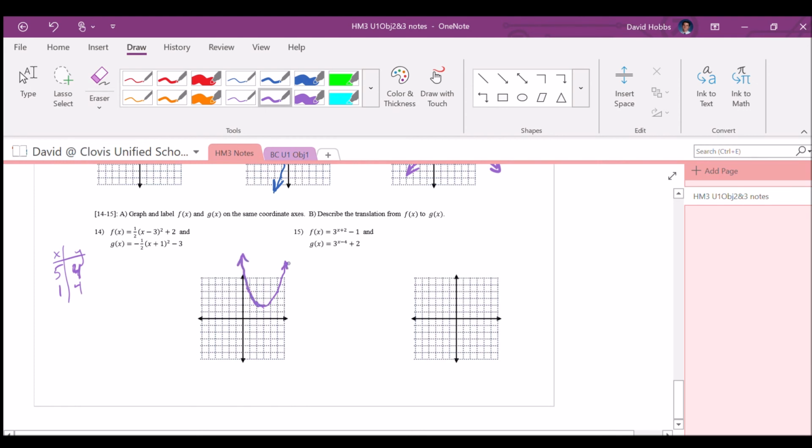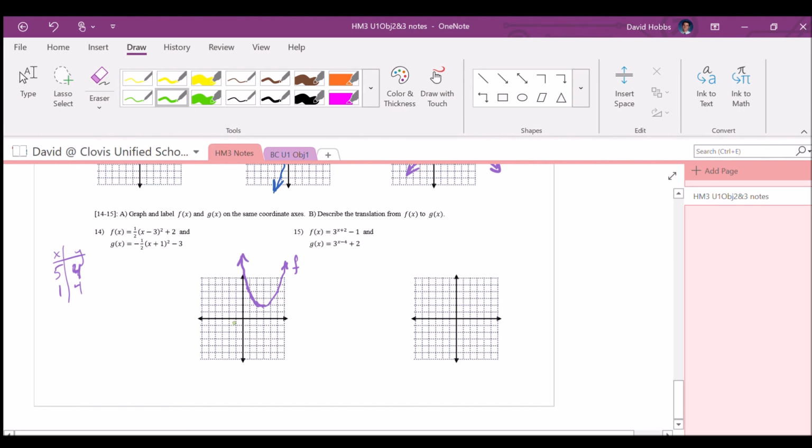Graph and label, so F. Okay, my function G, notice it also has the coefficient of 1/2. Of course, it's negative, so it's opening down, but my vertex is -1, -3.